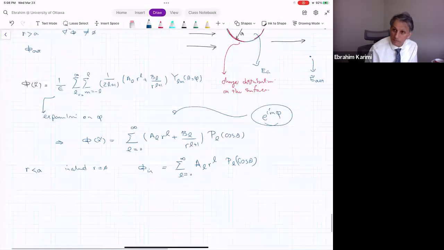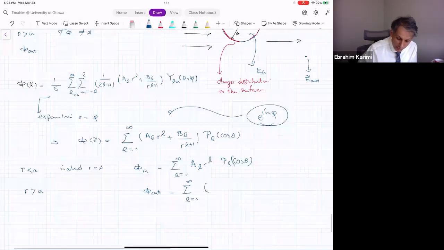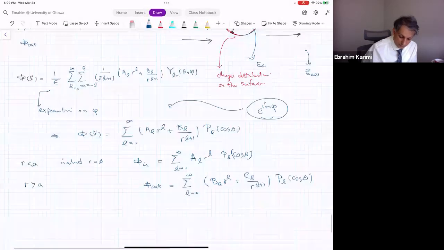That's the only term that plays a role. For R greater than A, where R can also go to infinity, phi out will have the following contribution, with L from 0 to infinity. In general, we do have both terms, so I will call them BL R power of L plus CL R power of minus L plus 1, PL of cosine of theta.